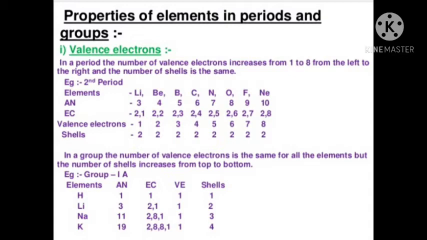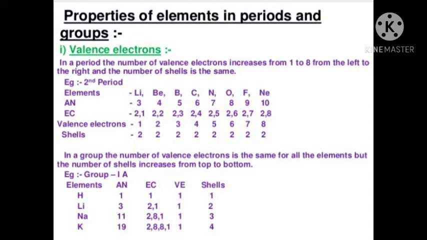That is Li, Be, B, C, N, O, F and Ne. Atomic numbers: 3 for lithium, beryllium 4, boron 5, carbon 6, nitrogen 7, oxygen 8, fluorine 9 and neon 10 respectively.